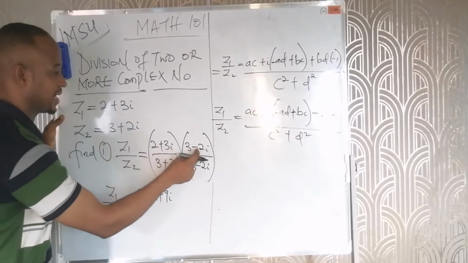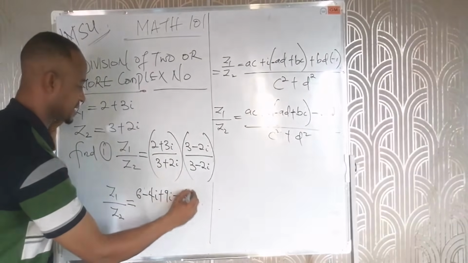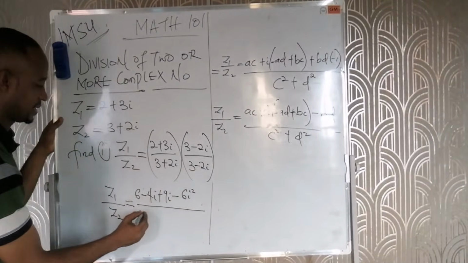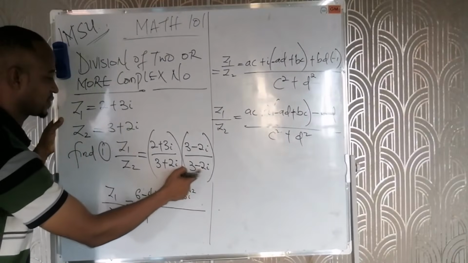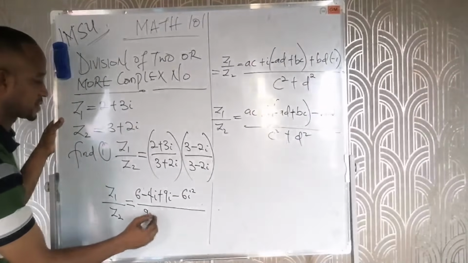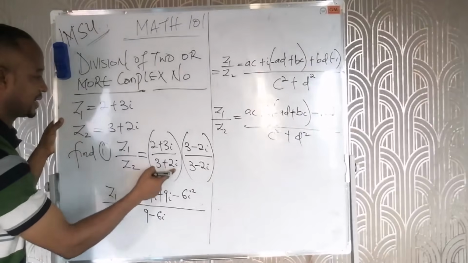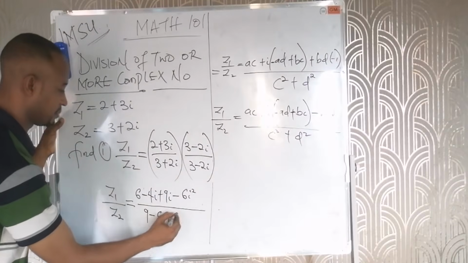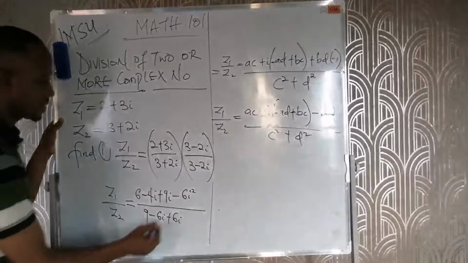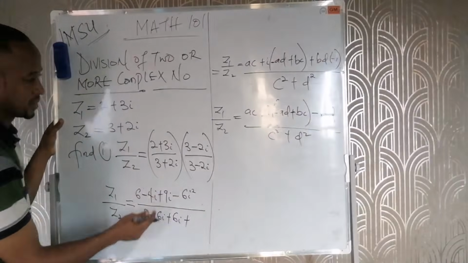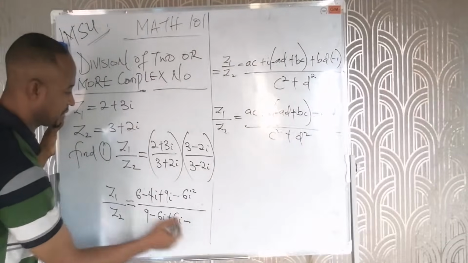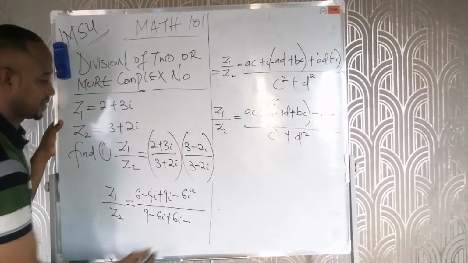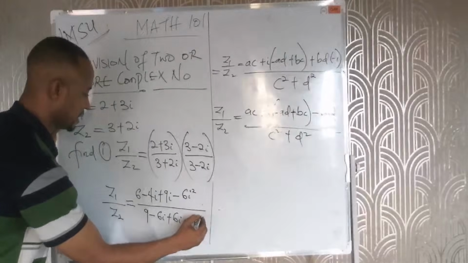Then 3i times minus 2i gives us minus 6i squared, all divided by 3 times 3 is 9. 3 times minus 2i is minus 6i. 2i times 3 will give us plus 6i, right? Then minus 2i times minus 2i will give us minus 4i squared.